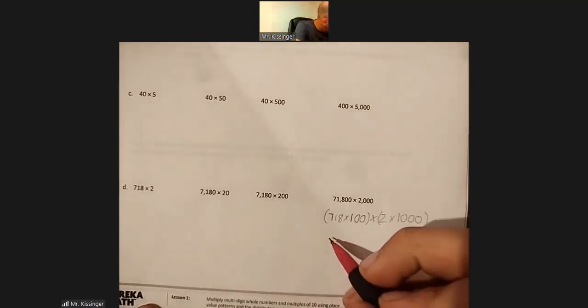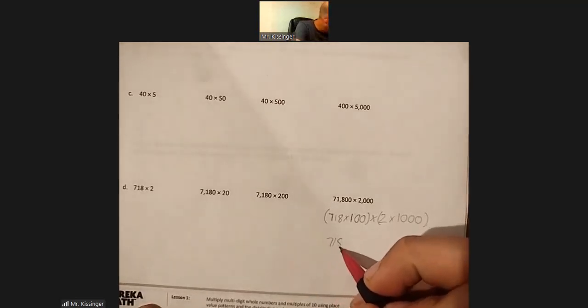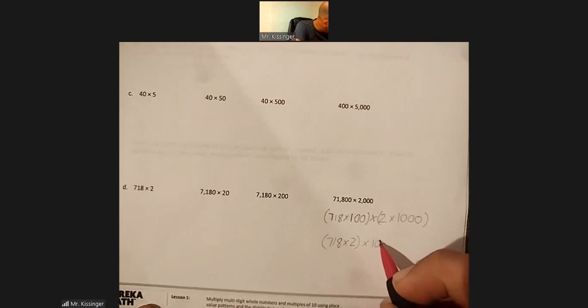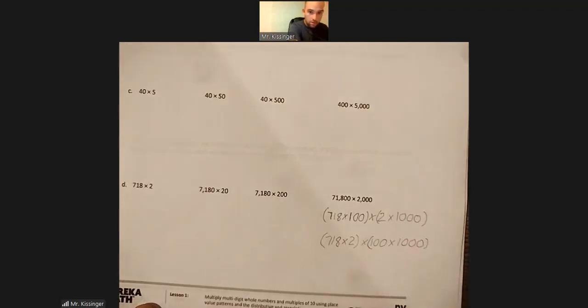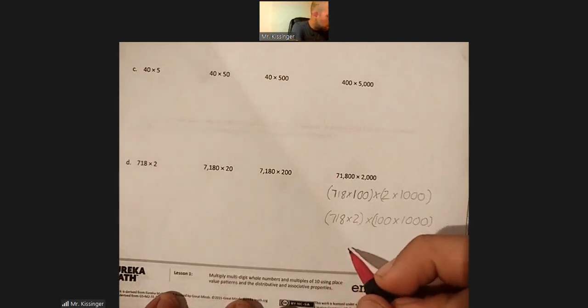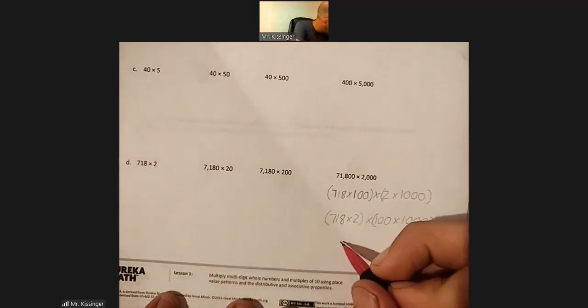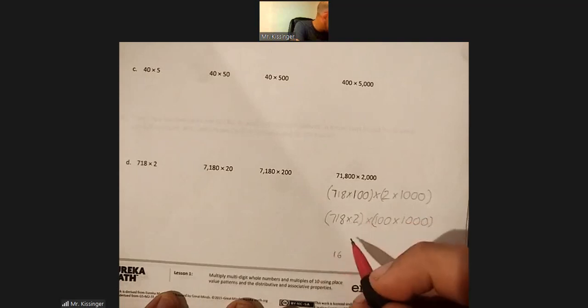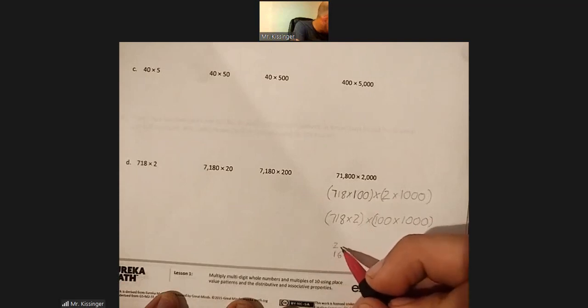We'll do 718 times 2 times 100 times 1,000. All right, so 718 times 2 will multiply our ones place by 2. We get 16. Our tens place by 2, 10 times 2 is 20.